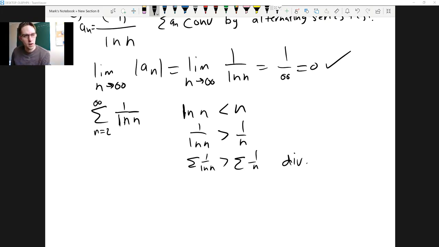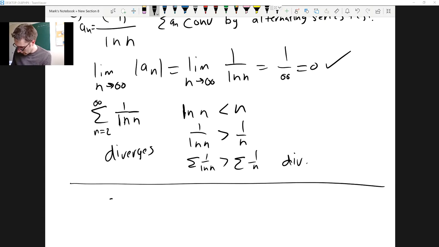That's our famous harmonic series, or p-series with p equals 1. And, well, if you're bigger than something big, you're also big. And so this diverges. And so we would conclude that the sum converges when it alternates, but it doesn't converge when it doesn't alternate, so it converges conditionally.